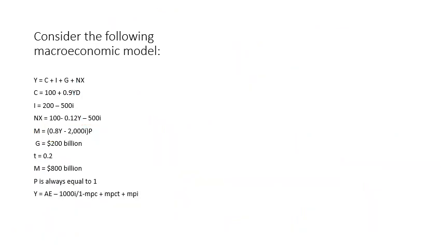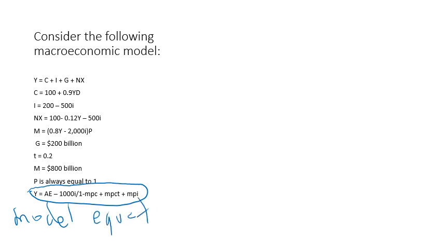In this slide, what I want to do is I want to derive the model equation, and here is the solution. This is the model equation. All right, so how did we get there? Well, we start off with the following.